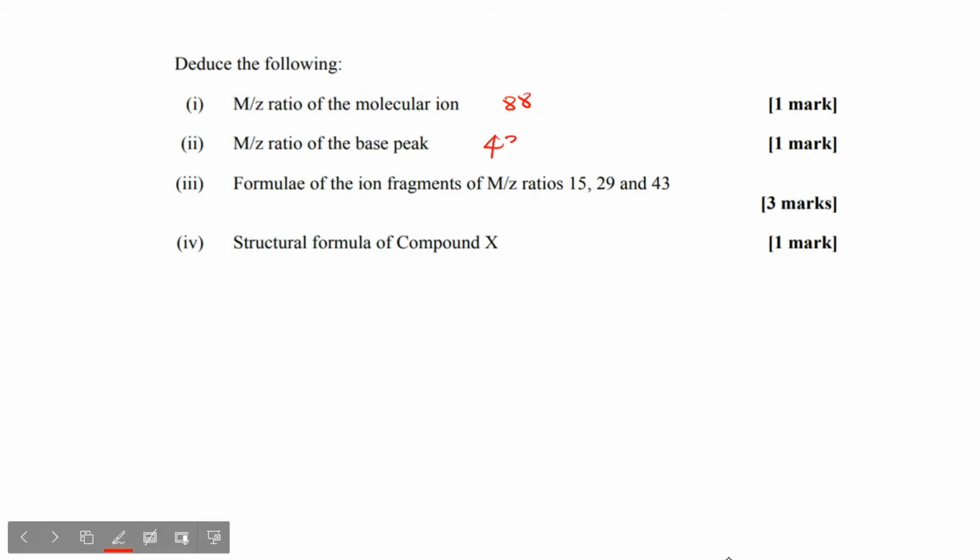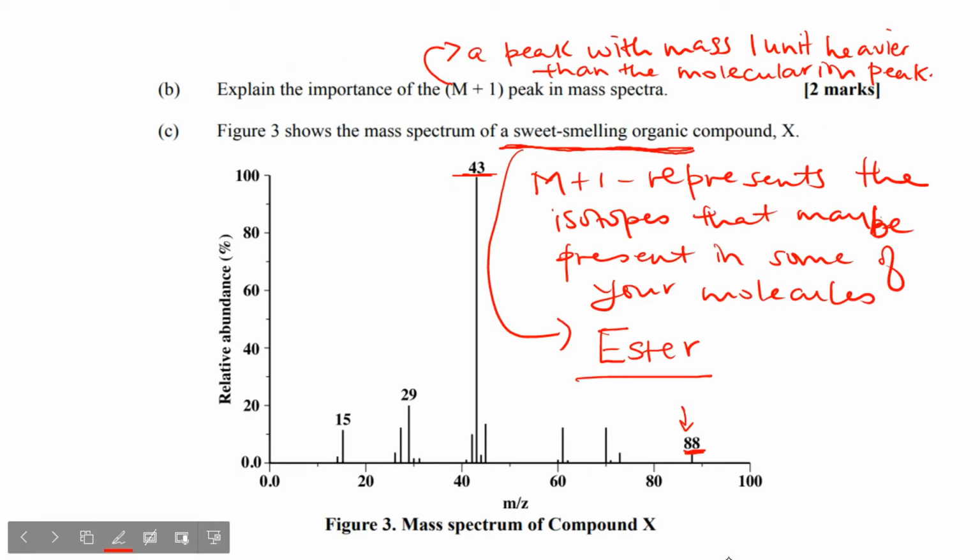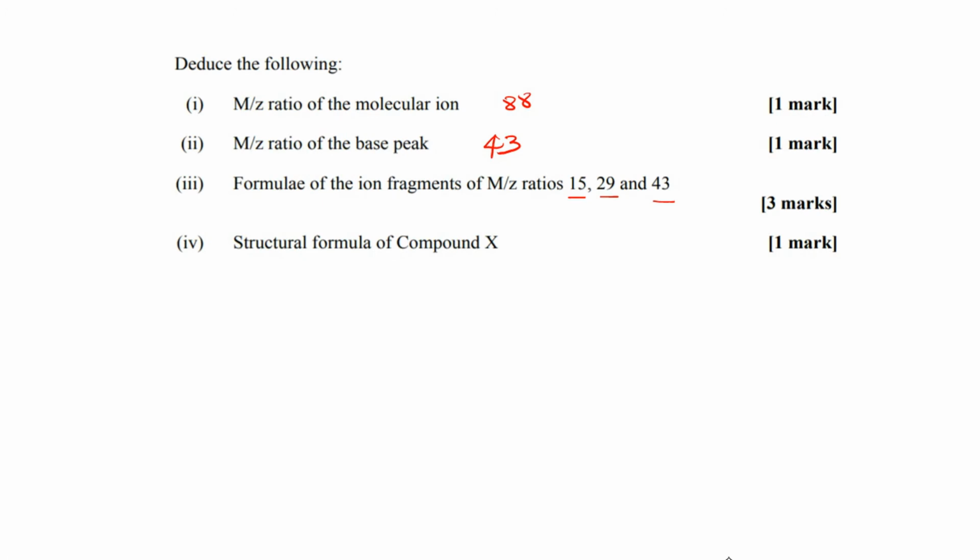Hope we're seeing that. So the formulae of the ion fragments of mass charge ratio 15, 29, and 43. So that's 15, 29, and 43. Yes, the base peak. So they want the formulae of 15. Usually, when you see a mass spectrum, 15 usually represents a methyl ion.